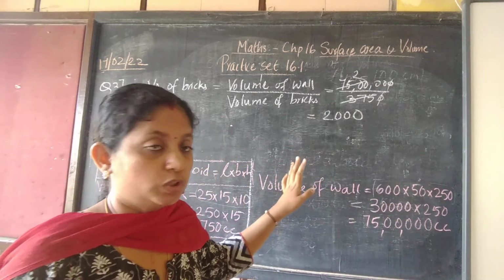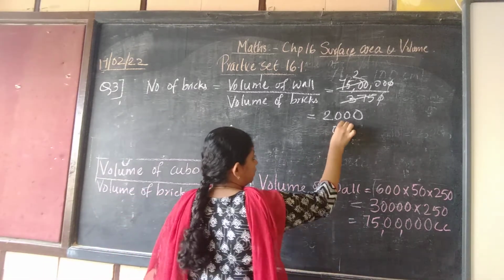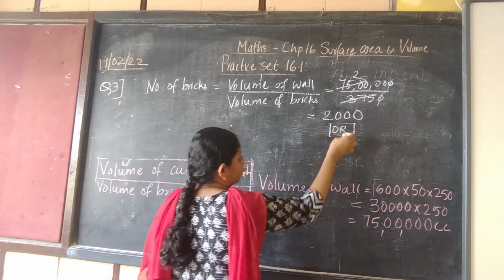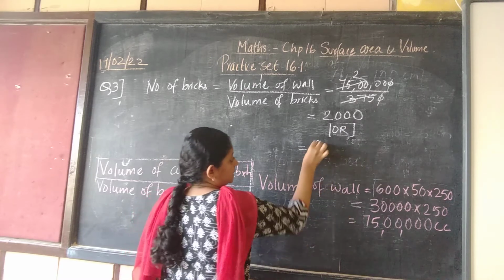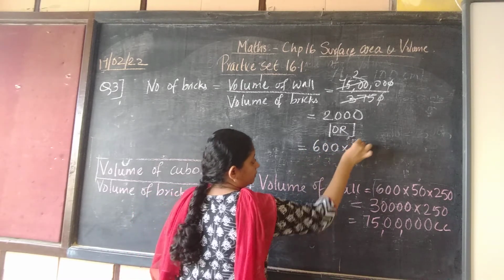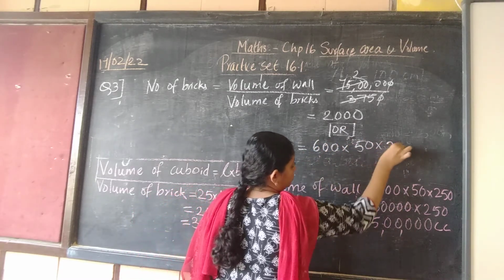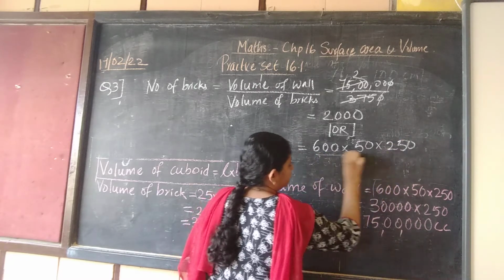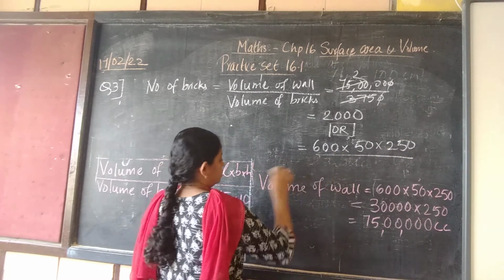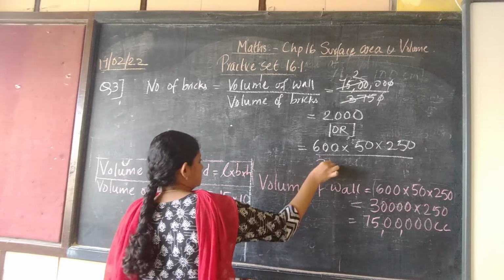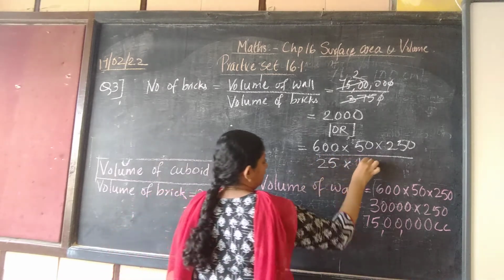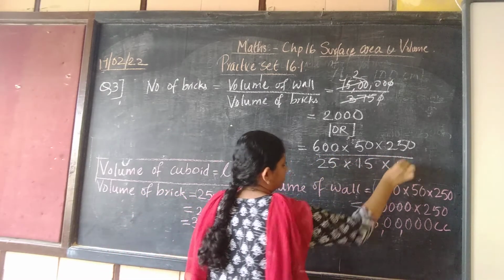So don't write both, either of these you can do. I am putting an 'or' over here. Or you can follow 600 into 50 into 250 divided by, what was this? 25 into 15 into 10.